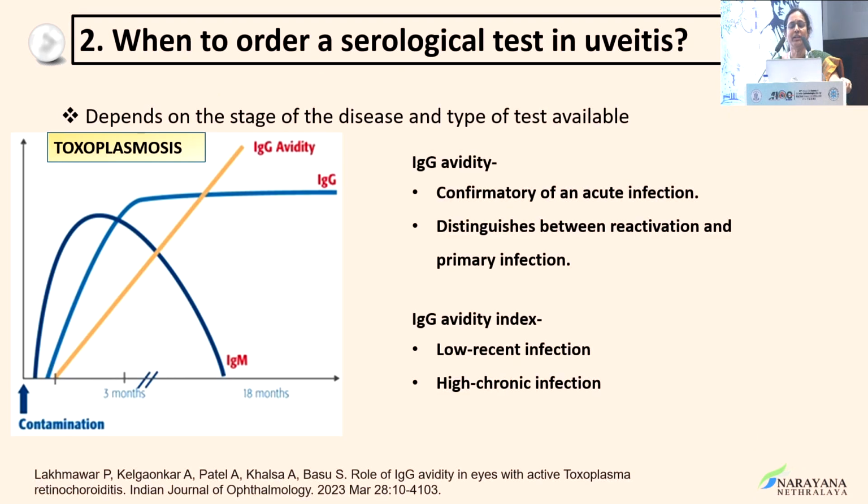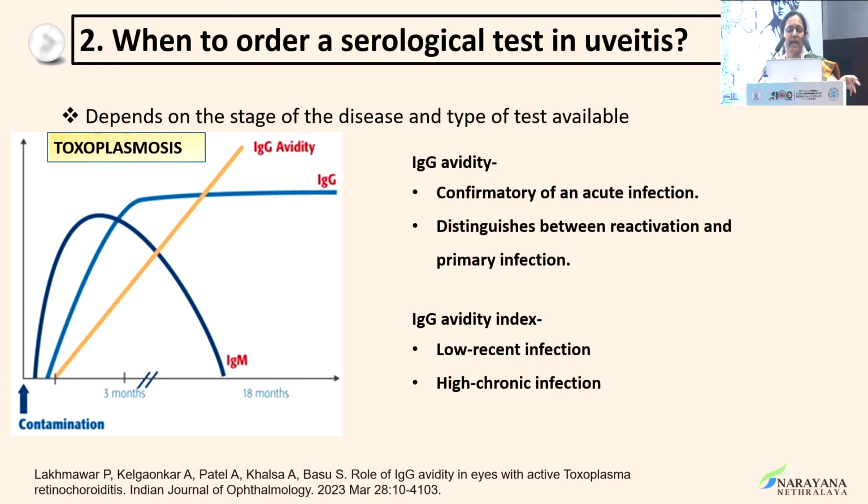Next, when to order the serological test in uveitis. It depends upon the stage of the disease and type of the test. Toxoplasmosis is the commonest infectious uveitis across the globe, where in addition to the clinical presentation, serological titer is used to diagnose. There we order both IgM and IgG antibodies.